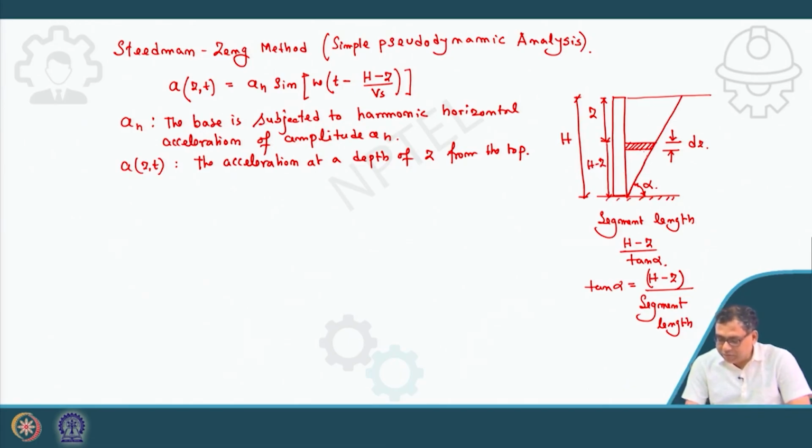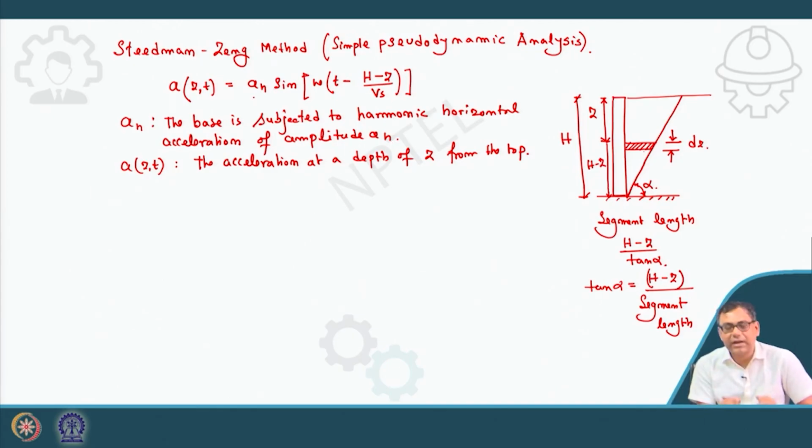So, the wave will travel, and it will take a time of (H minus z) divided by the velocity of the wave. That is the travel time, and that is your phase difference, since it is a harmonic motion.